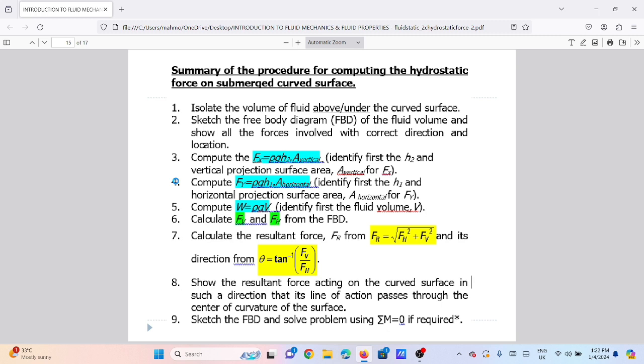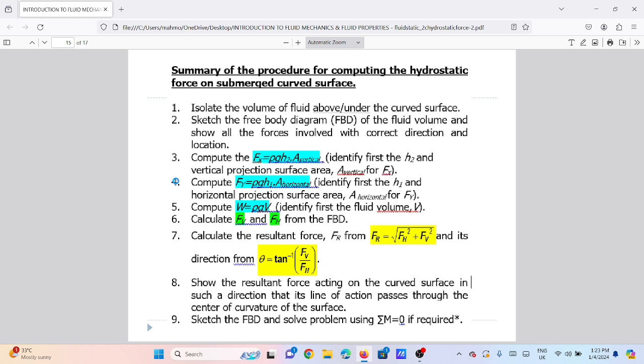Refer to the fluid volume. Then calculate the resultant force FR from FR equals the square root of FH squared plus FV squared, and its direction from theta equals tangent inverse of FV over FH.